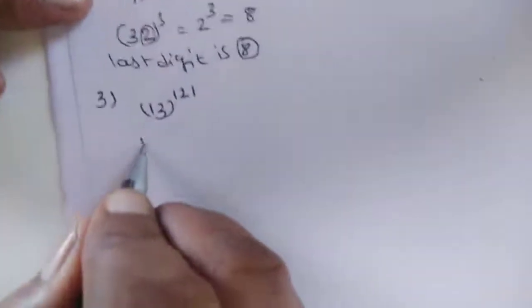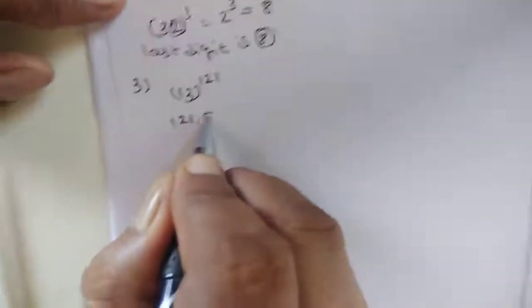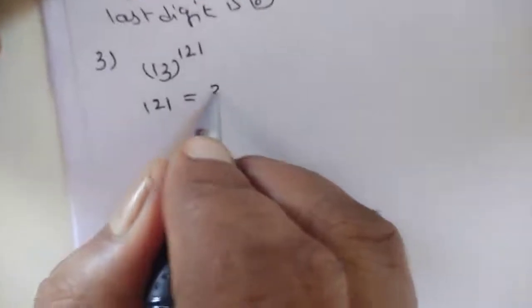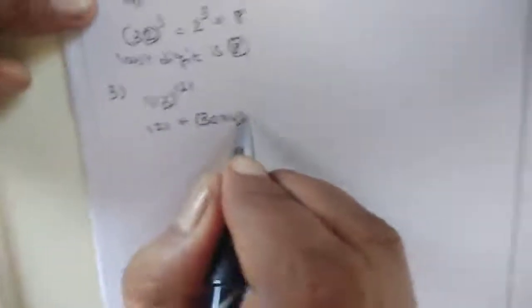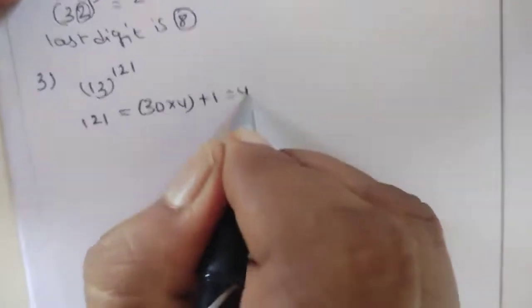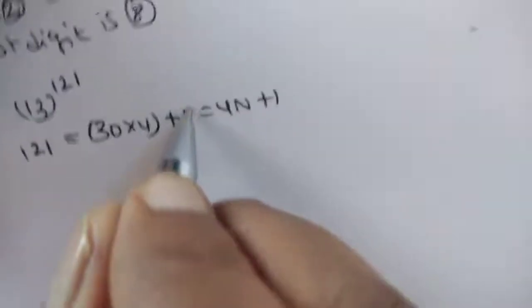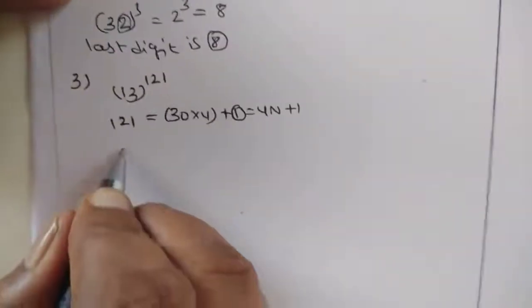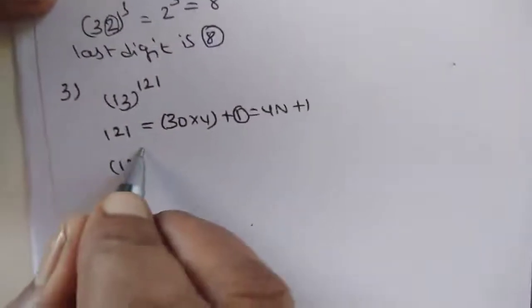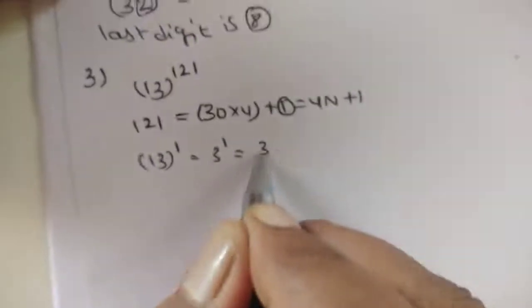So you take 121, which can be written in the multiples of 4, 30 into 4 plus 1, 4n plus 1 system. The remainder is 1. So 13 power 1 or 3 power 1, the last digit is 3.